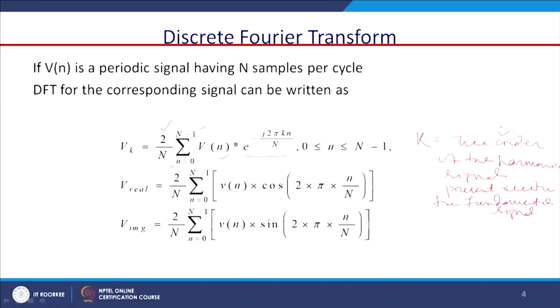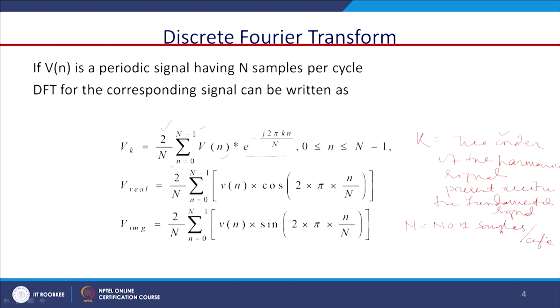So, intentionally we also calculate these harmonic components for our application, control or protection purpose. So, here this k stands for the order of the harmonic present in the fundamental signal, and this capital N stands for number of samples per cycle.